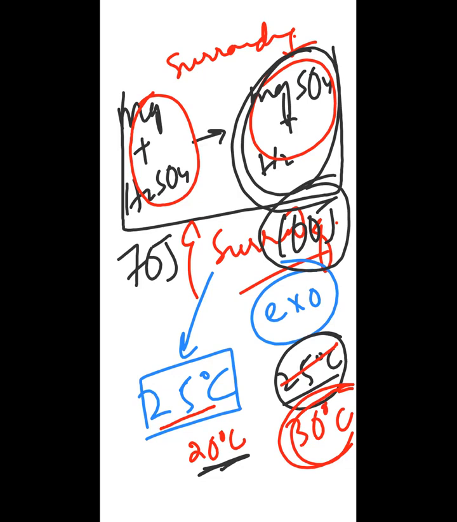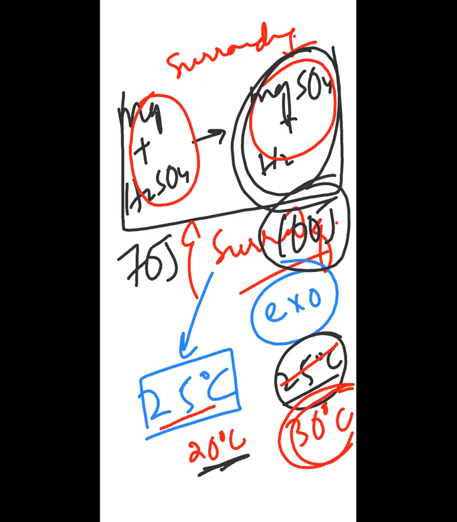So when the reaction is exothermic, the value of delta H will be negative, heat will be released, but you should know about the surrounding and the product. When the reaction is exothermic, the temperature of the surrounding will increase compared to the initial one. The final temperature of the surrounding will increase because products are releasing their own energy. They are adding heat into the surrounding, and the energy of the product will decrease.